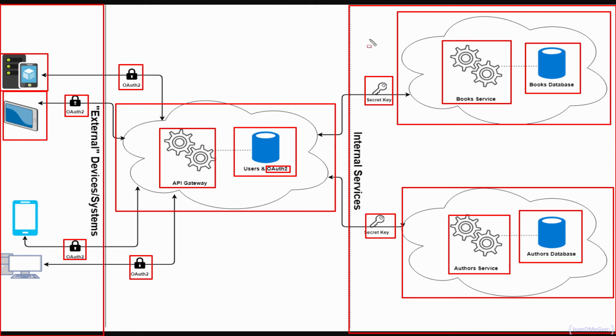And finally, you are going to implement and block the direct access with the secret key because everything is going to be centralized, for security and convenience, through the API gateway. So once you understand the architecture that you are going to use and implement, let's start in the following classes implementing the first microservice, which is the authors one. See you there.